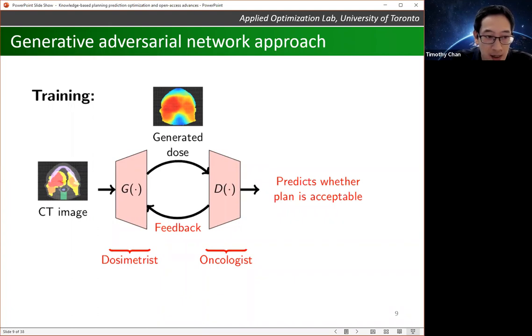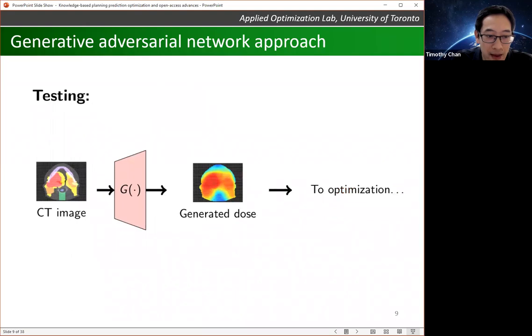So we train the networks to do this. Once we have fully trained the network, we simply use the first one, the generator, to take a new image that we haven't seen before, run it through, and generate a dose distribution. Then we use this predicted dose distribution to feed into the optimization process to generate the treatment plan. Okay.